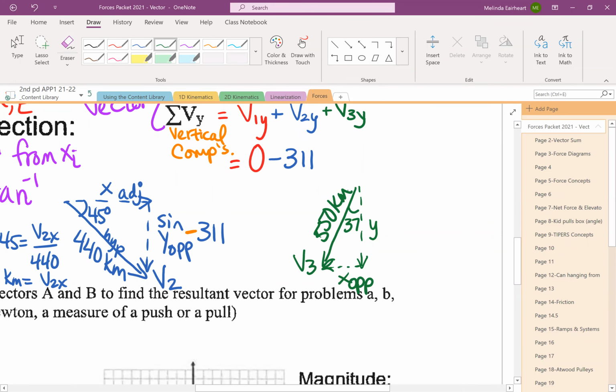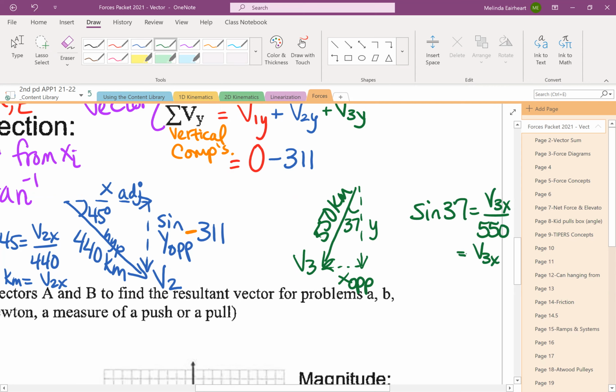And so to find the x component here, since the angle touches a vertical axis, we'll use sine. And so sine 37 is going to give us v3x over the hypotenuse 550.